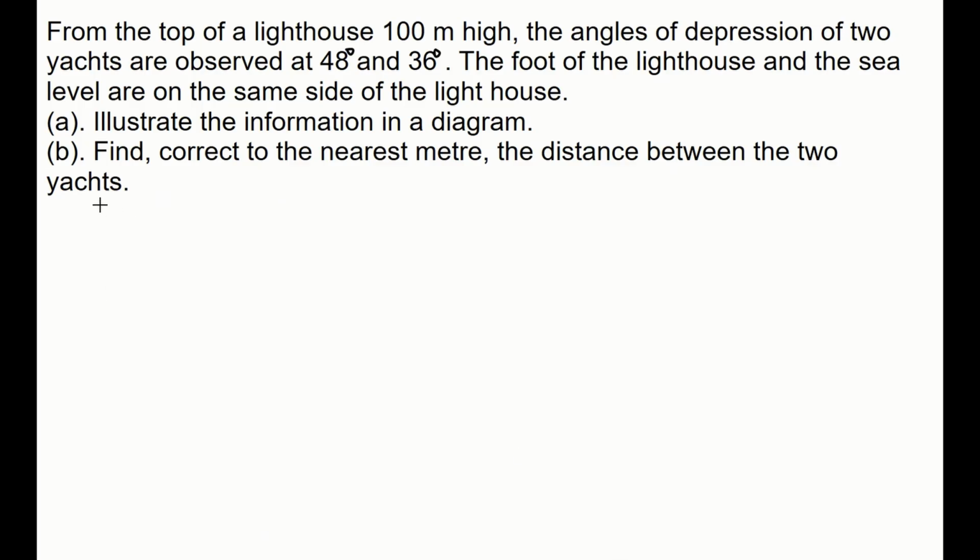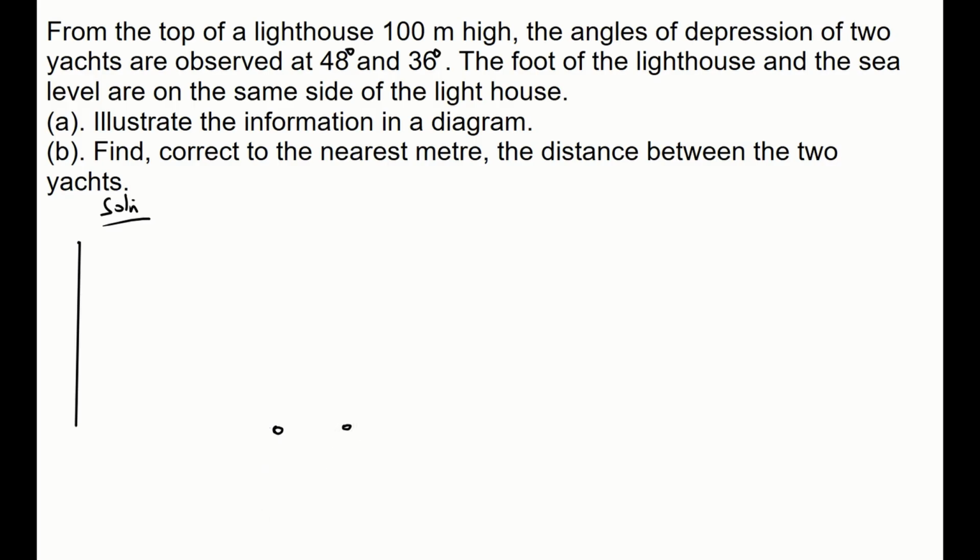We put our solution here and we go. We identify that the lighthouse is 100 meters high, so we can sketch that here. The angles of depression of two yachts are observed at 48 degrees and 36 degrees. So we have our first yacht here and our second yacht here.